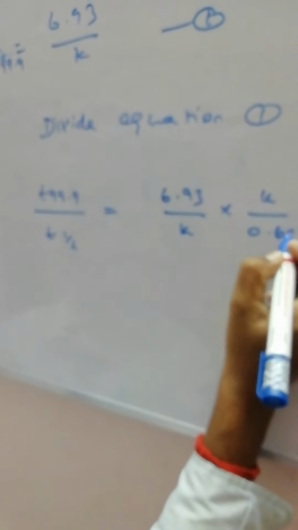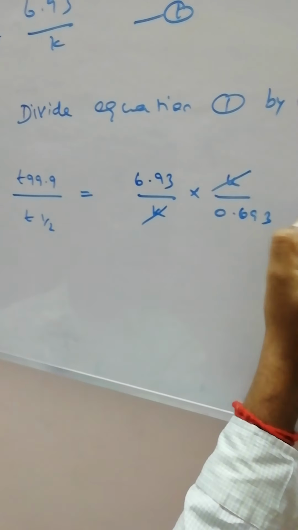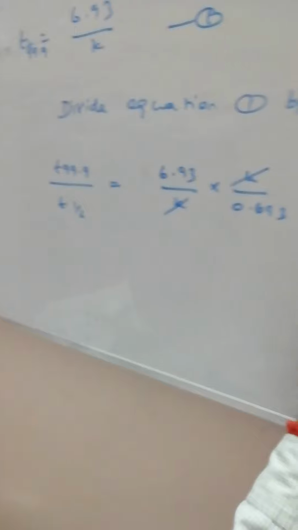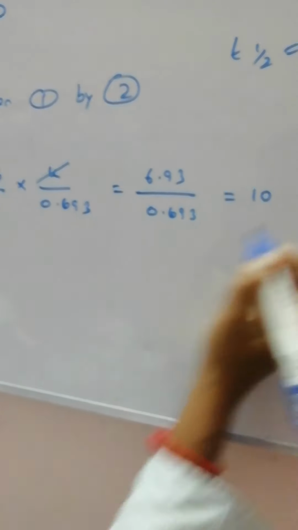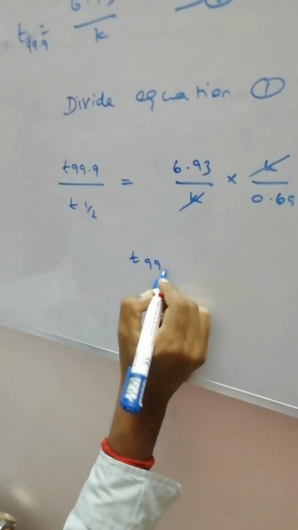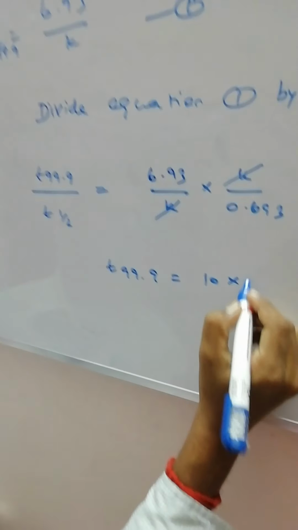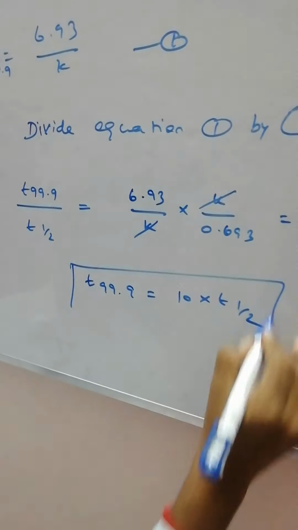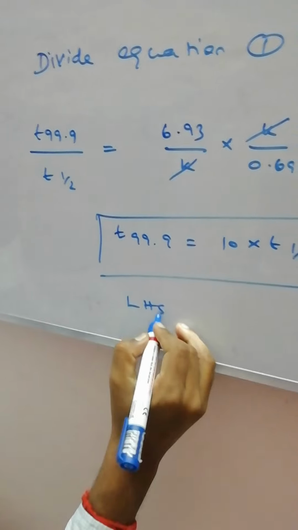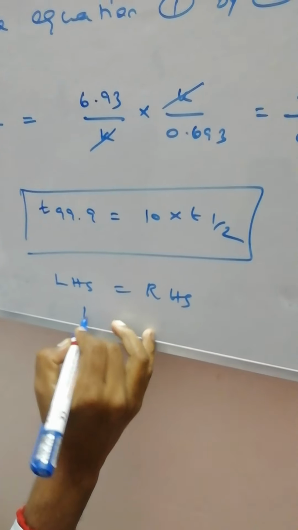T99.9 divided by T half is equal to 6.93 by K into K by 0.693. K cancels. 6.93 by 0.693 is equal to 10 times. So T99.9 is equal to 10 into T half. LHS equal to RHS. Hence proved.